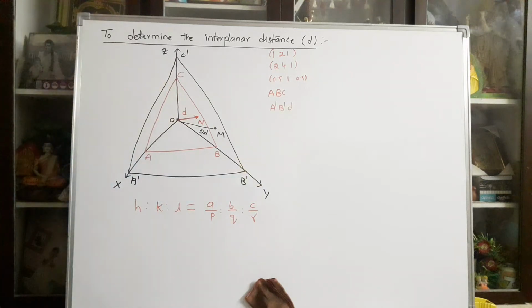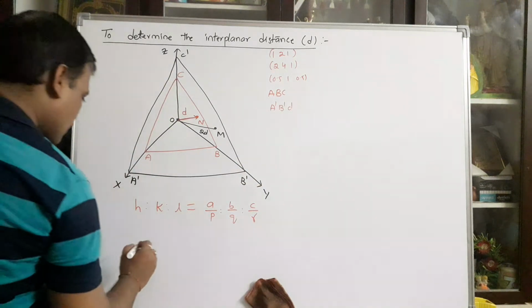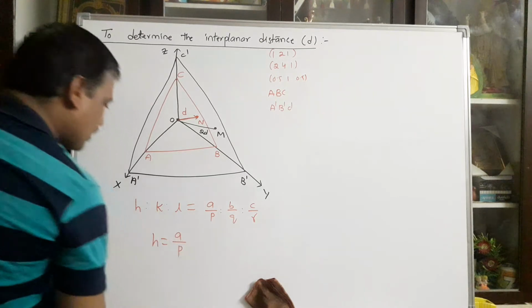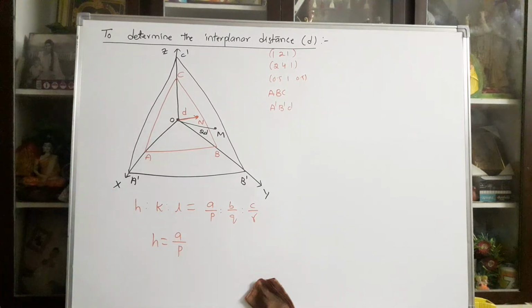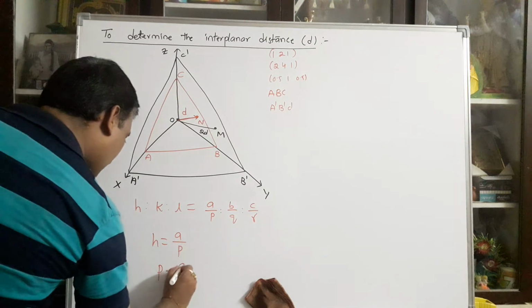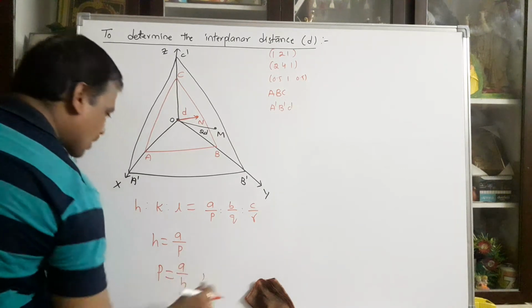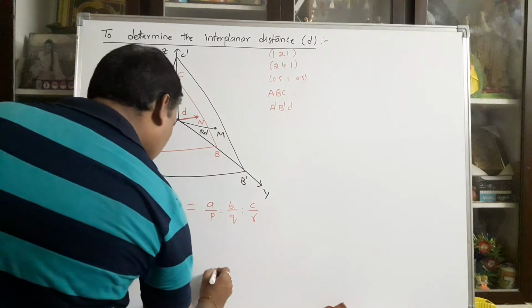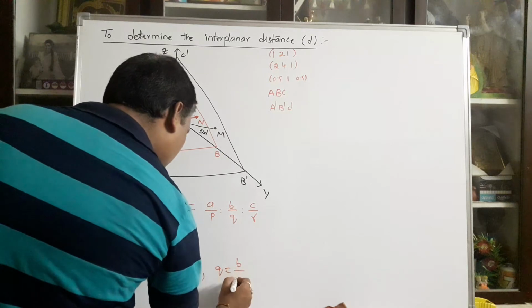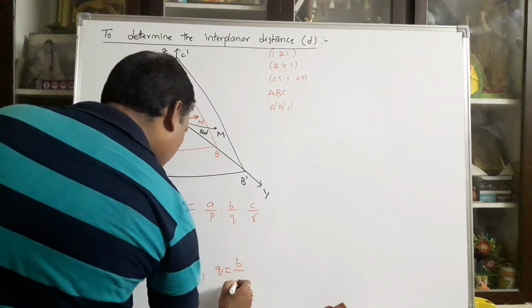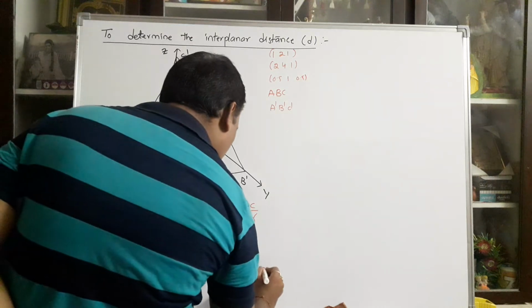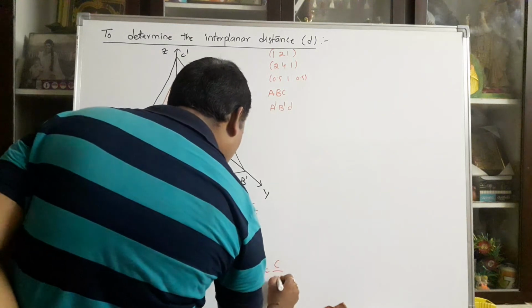Everyone knows this relation. That is the condition. According to this relation, h can be taken as a by p. From the intercept along the x direction, p can be taken as a by h. In a similar way, along the y direction, q can be taken as b by k, and r can be taken as c by l.